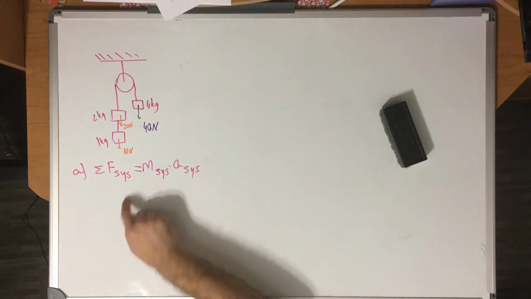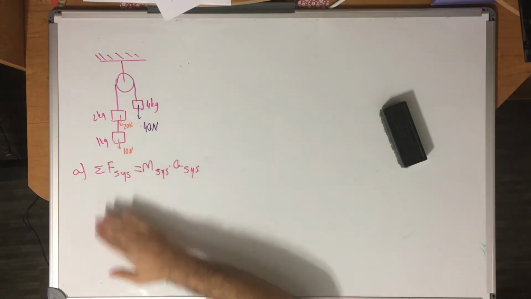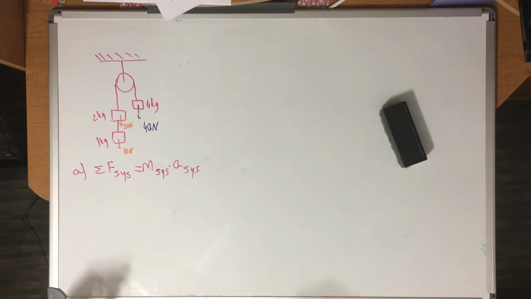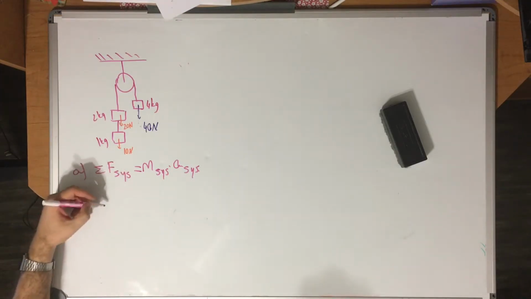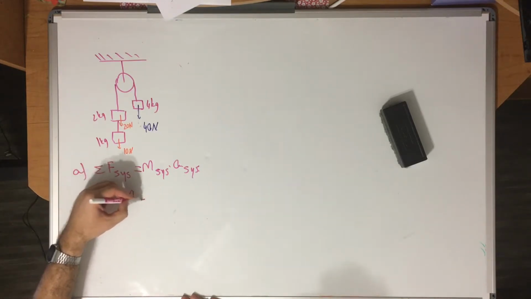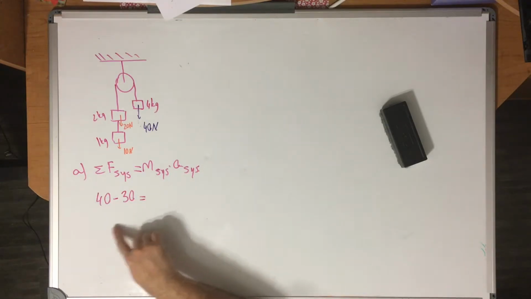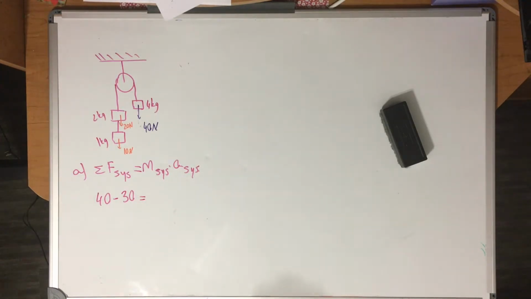So to be able to find the net force for my system, I have 40 newtons from the right, 30 newtons from the left, so I need to find the difference of those two forces to be able to find my net force on the system. So that is basically 40 newtons minus 30 newtons. And since that total force of 10 newtons, 40 minus 30, is trying to get this system to move, I need to consider the total mass that is moving under that force.